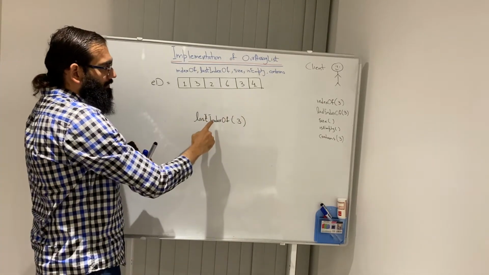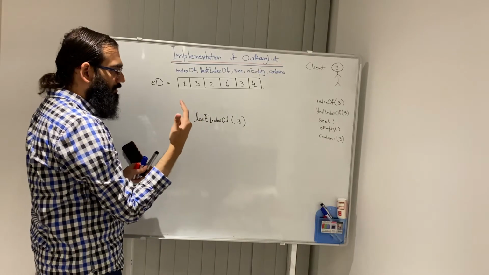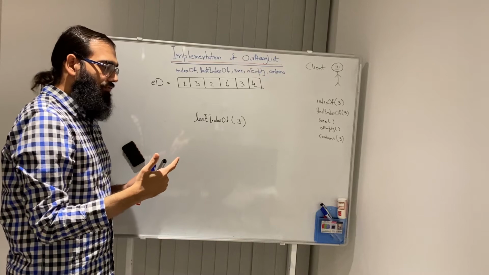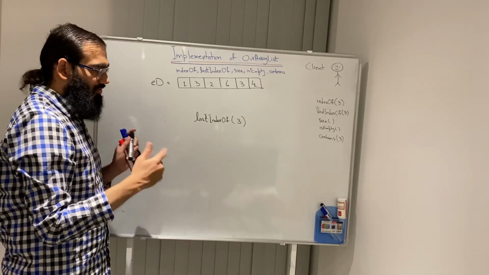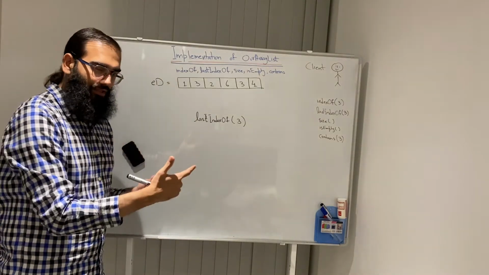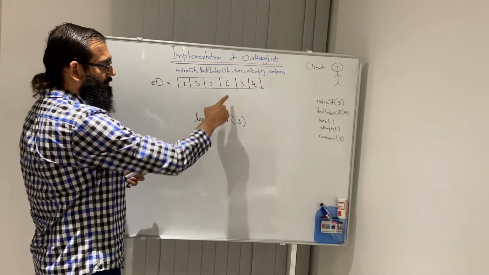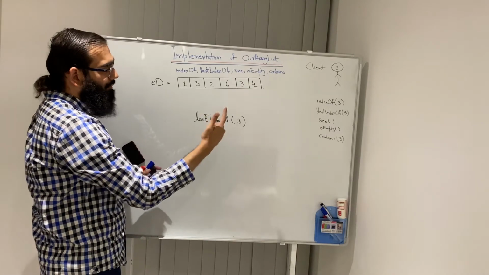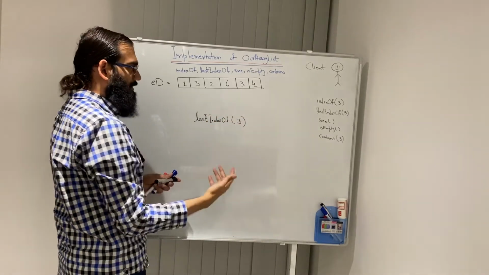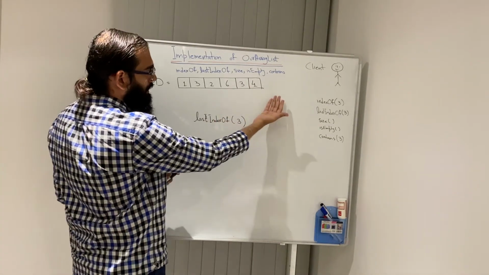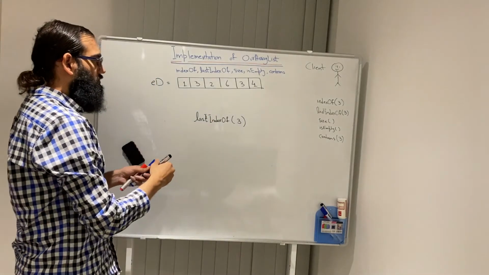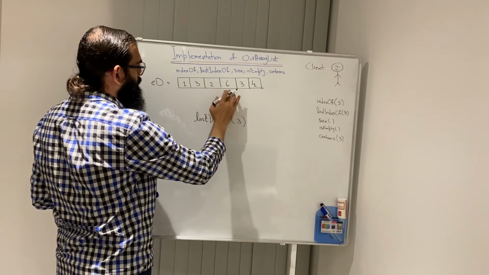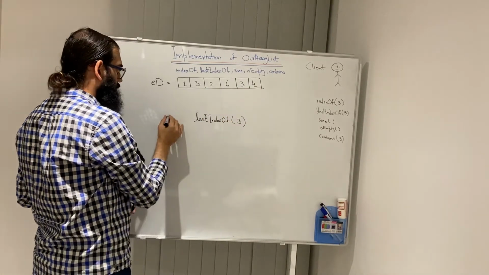But from the implementation perspective, don't only focus on what is asked. Try to understand, when you give the instruction to the computer, how you can play with that. That is the best use case: the ask is lastIndexOf, but the implementation is basically checking from the right side. So in this case I will get 0, 1, 2, 3, 4, so it will return 4.